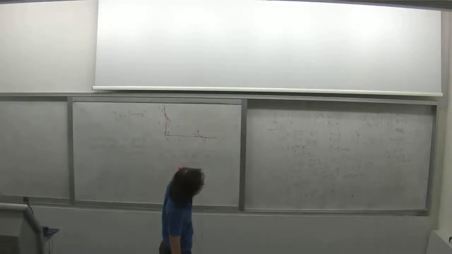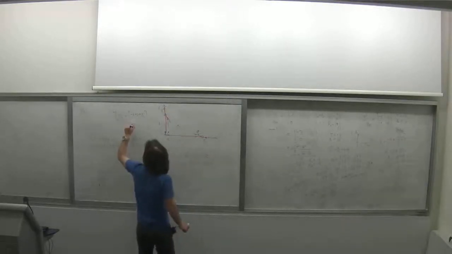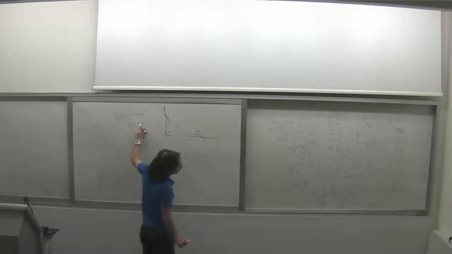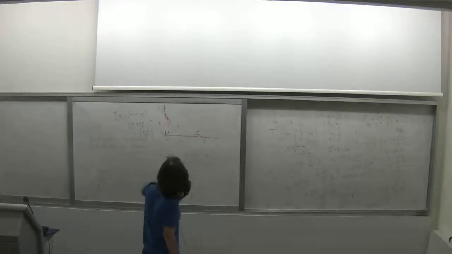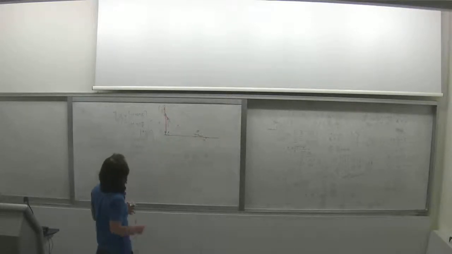And on the bottom row, minus 1 plus 1, square root of 2 over 2. Is this correct? Does anyone follow?